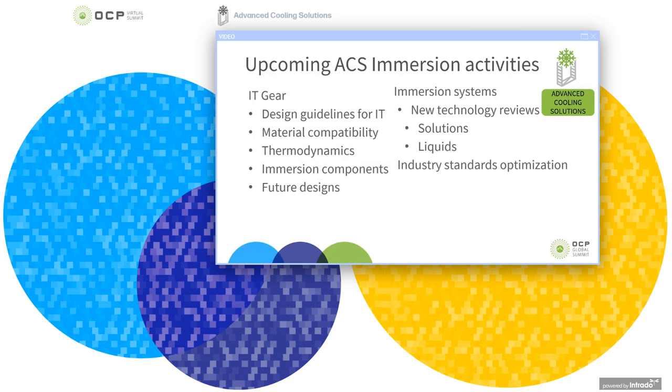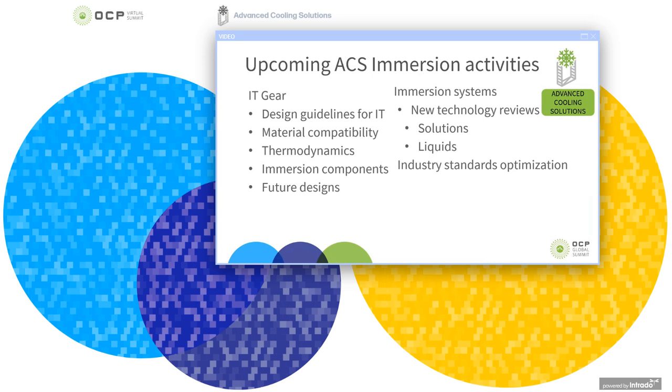So there's more to come within the ACS Immersion group. First of all, we're going to be continuing the work on the IT gear optimization white paper, which is also being presented today, which focuses on the design guidelines for IT equipment, material compatibility, thermodynamics, which I think is one of the exciting topics, but also compatibility studies for immersion components, and future designs for IT equipment.